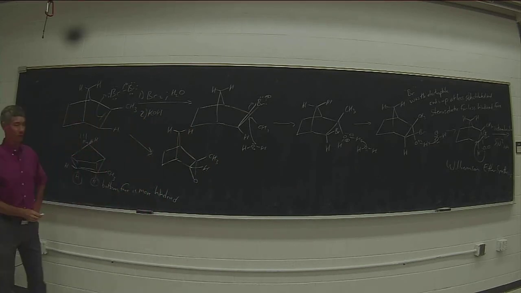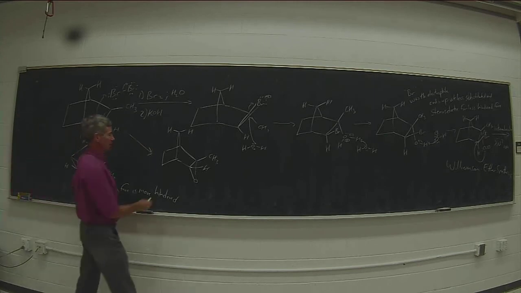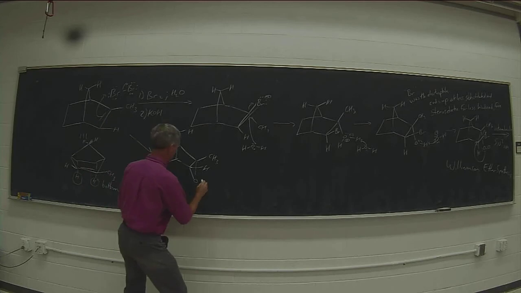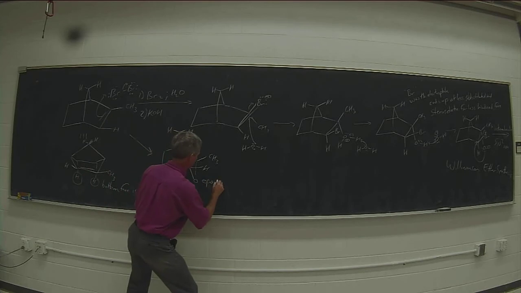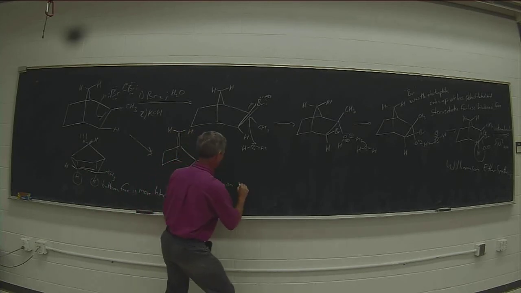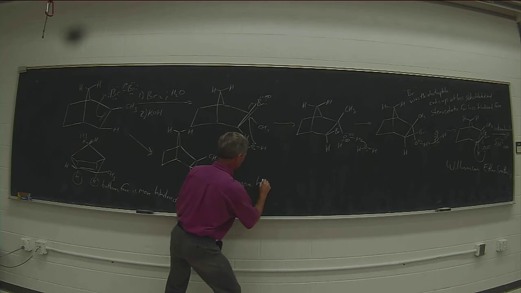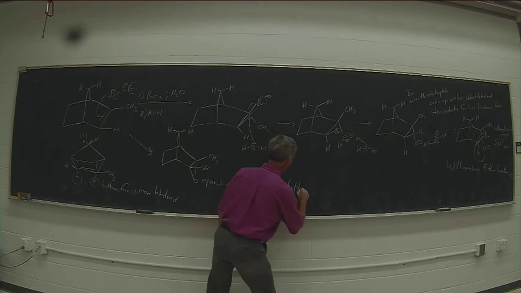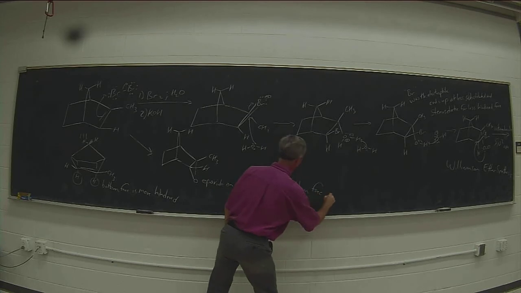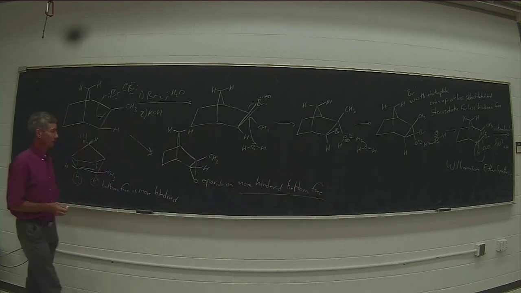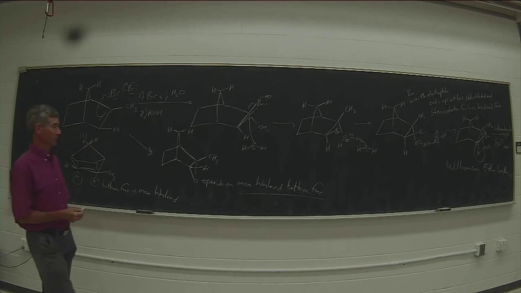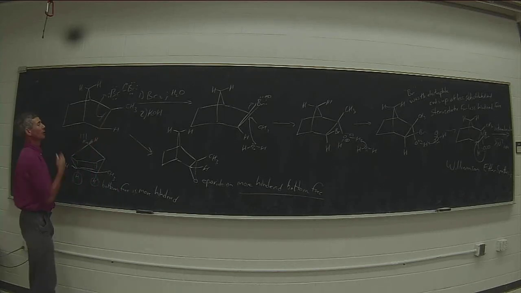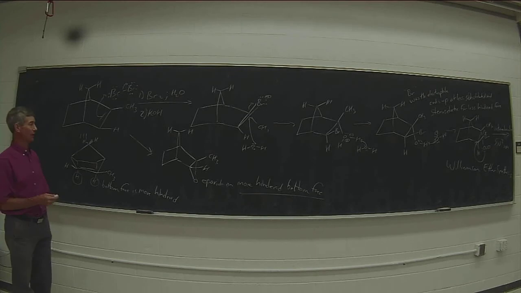The more hindered bottom face, away from the bridging methylene group. Which is great if what you want is the epoxide on the more hindered bottom face. But what if you want the epoxide on the less hindered top face?